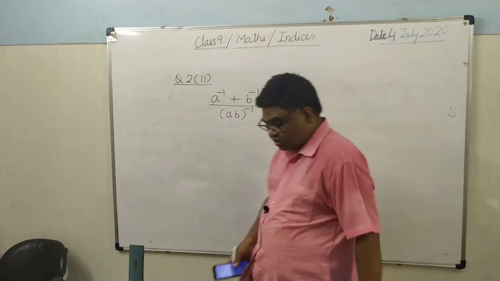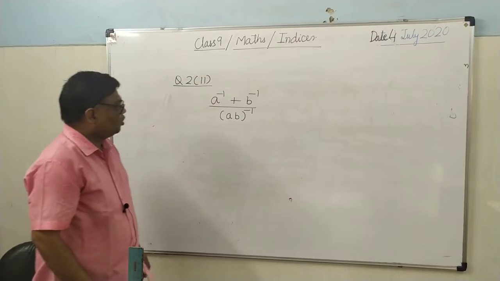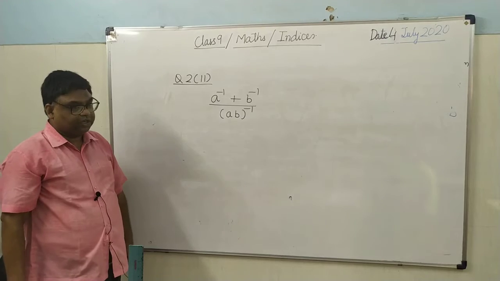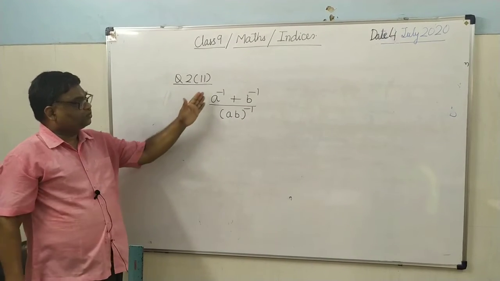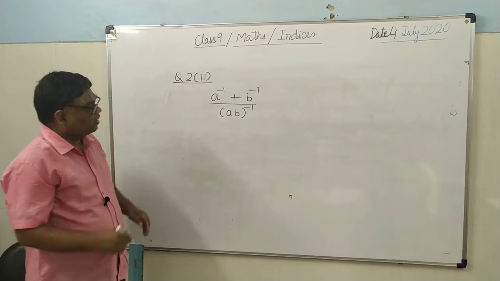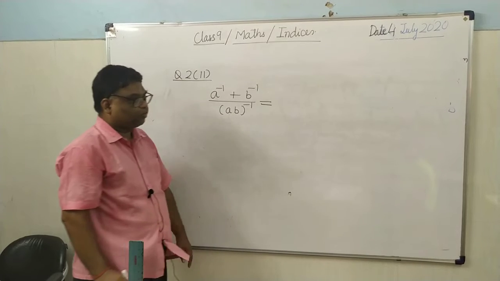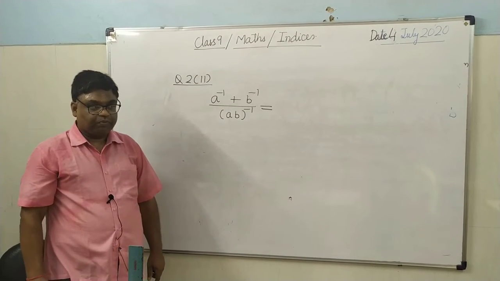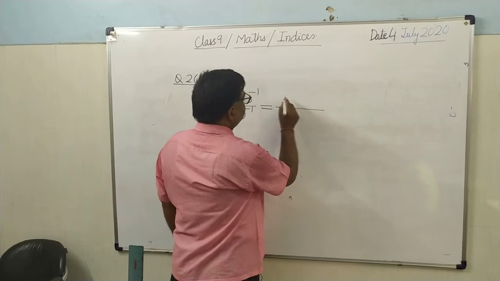Now you can see this question. How will you solve it? a to the power minus 1 plus b to the power minus 1. First write a to the power minus 1; what will you write? 1 upon a.